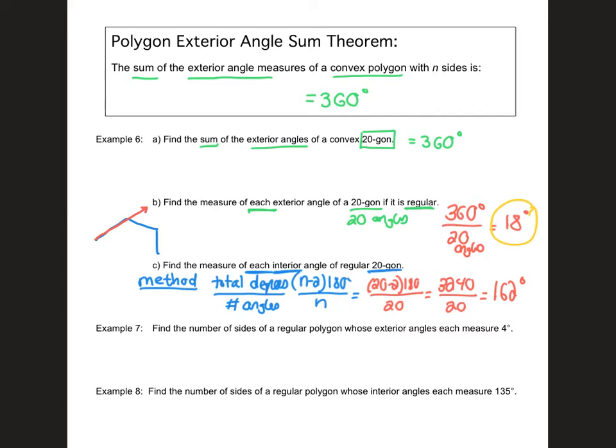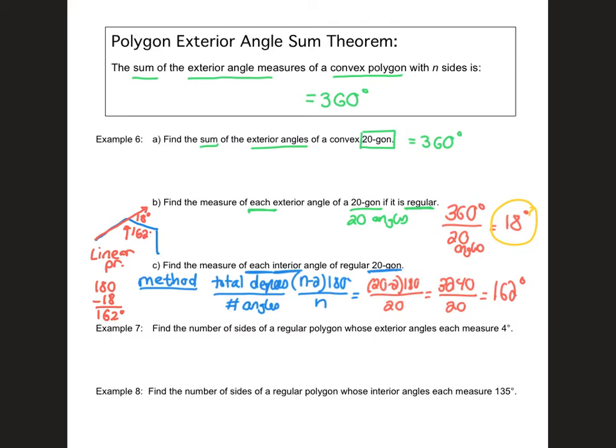I can throw that 18 right here. And if I wanted to know the interior angle, keep in mind that the exterior and the interior angles are a linear pair and will add up to 180. So another alternative method would be to take 180, subtract that exterior angle, and that 162 degrees is going to have to be my interior angle.